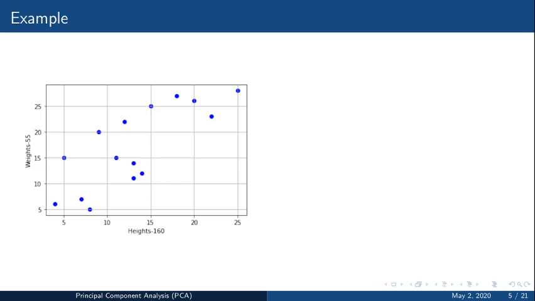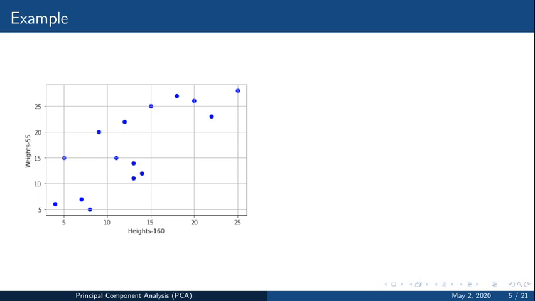Here we can see that there is a positive correlation in the data, and the data is spread out as a scatter plot. You can see that the data is spread, and in both the variables, height and weight, there is variability.